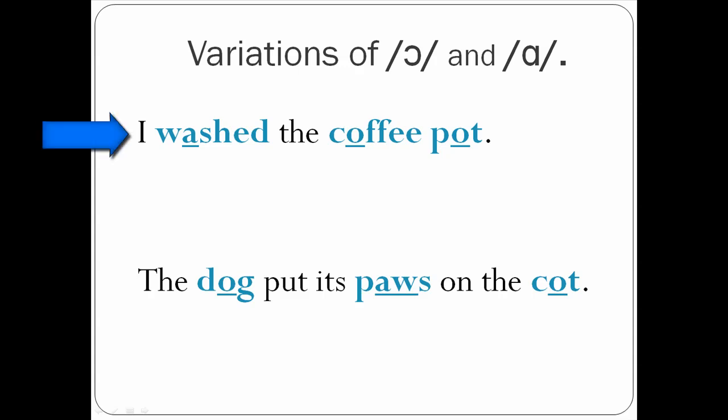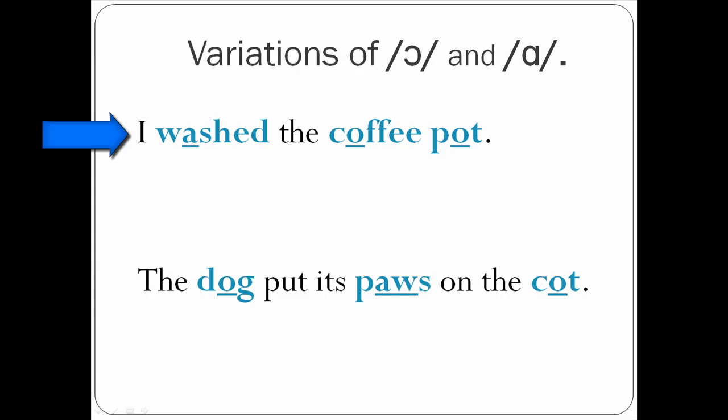Look at the first sentence, and I'll read it so that the words in blue all have the ah sound. I washed the coffee pot. Washed, coffee, pot. I washed the coffee pot.